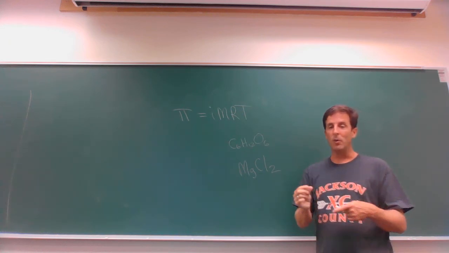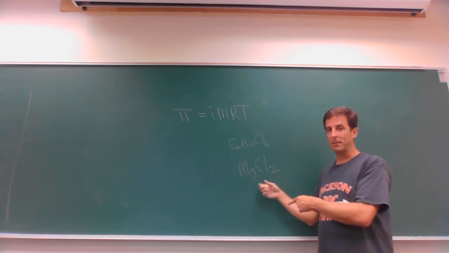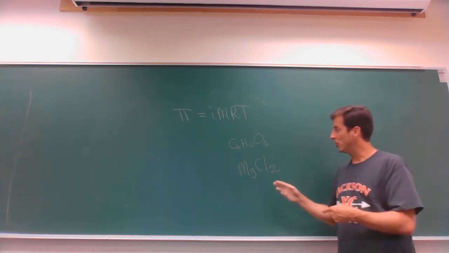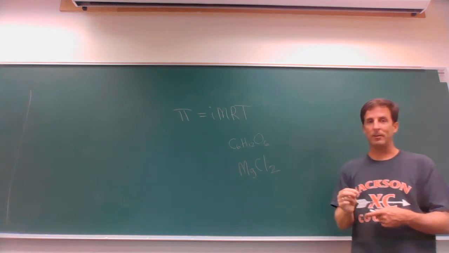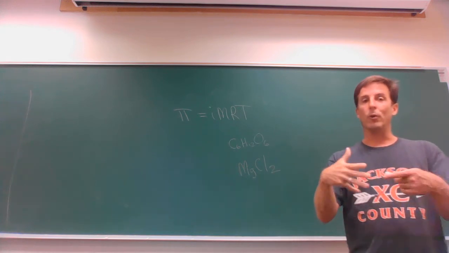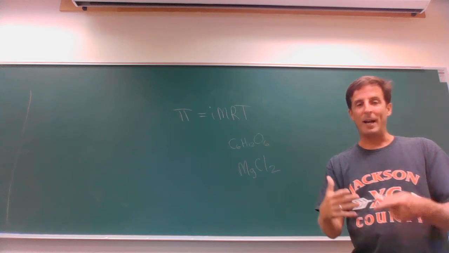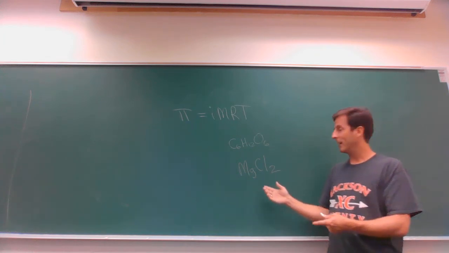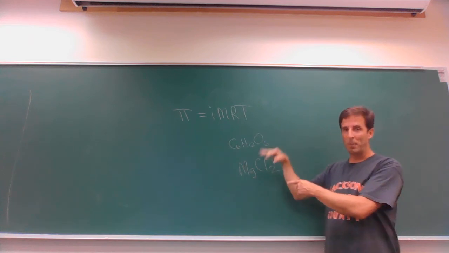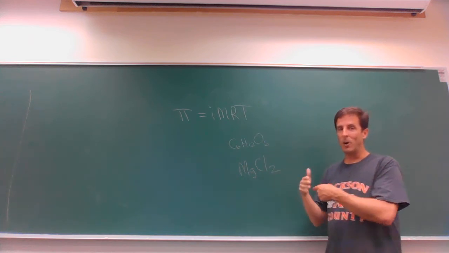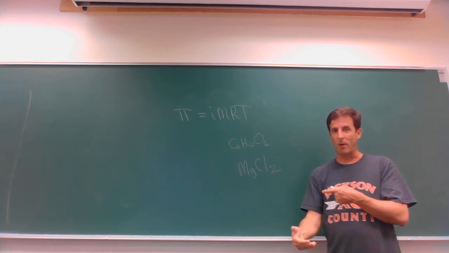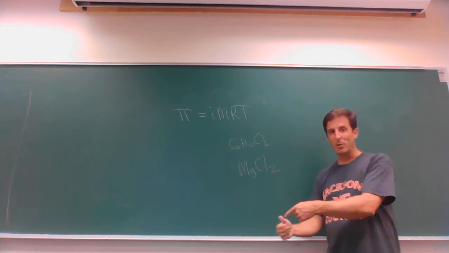In reality, you do have a few ions that stick together. So if I want to know the real Van Hoff factor, I would have to do experiments: when I dissolve a mole of MgCl2, I know how far down the freezing point should go. If it doesn't go down quite as far, I can set up ratios and figure it out.